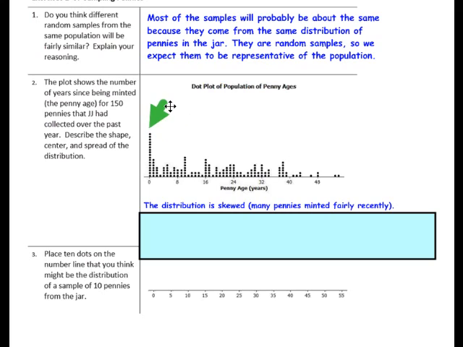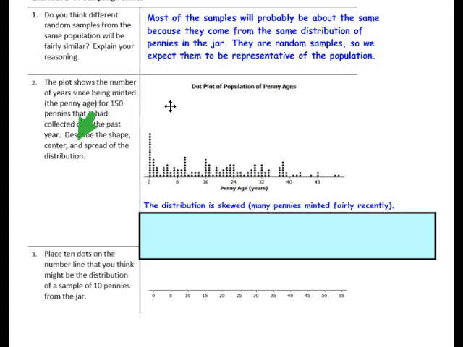So all of these dots represent brand new pennies. They are 0 years old. Then this number over here looks like it would be about, let's see, this is 40, 48, probably about 6 more, maybe 54 years old. So the date on that one would be 2017 minus 54.